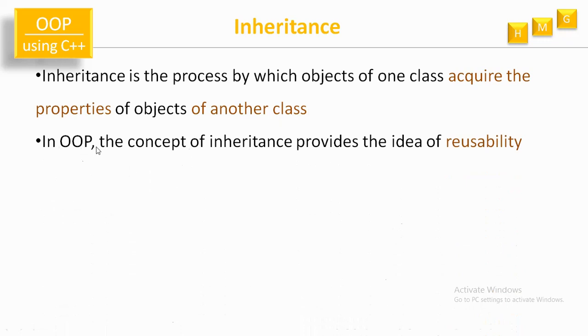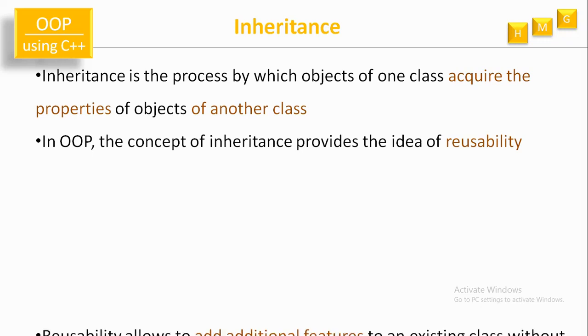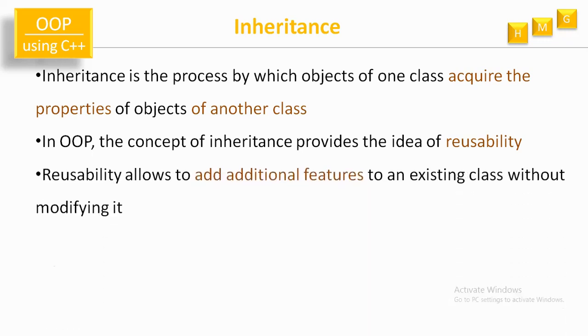Now in OOP, the concept of inheritance provides the idea of reusability. Reusability means what? Reusability allows us to add additional features to an existing class without modifying it. So one class is defined. In that class there is data and some functions operating on that data.